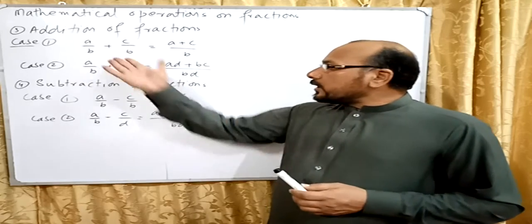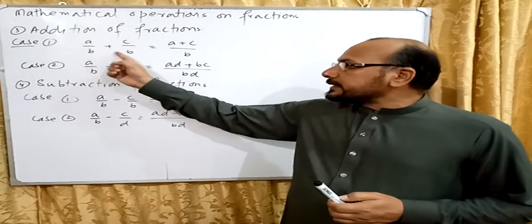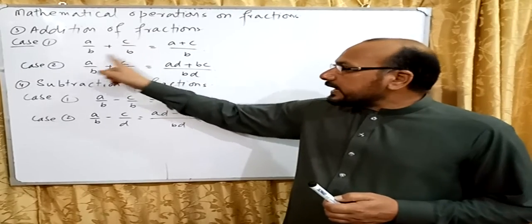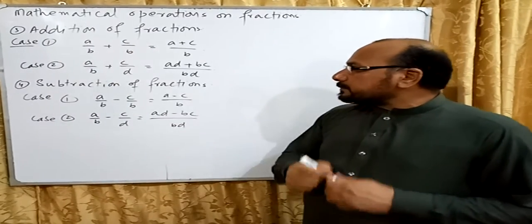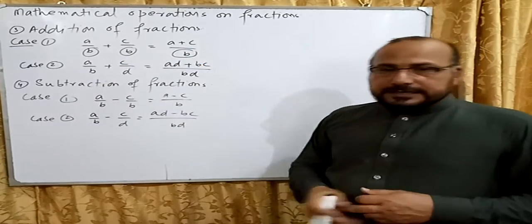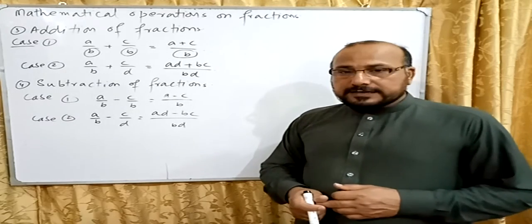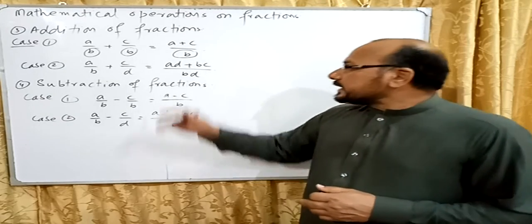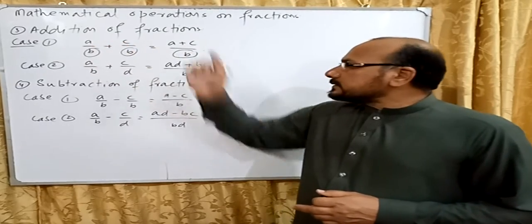Now, if we have two fractions a over b and c over b, with the same denominators, and we add them, we will take one of these two b's as the LCM, the least common multiple, and then we will add the numerators, a plus c.